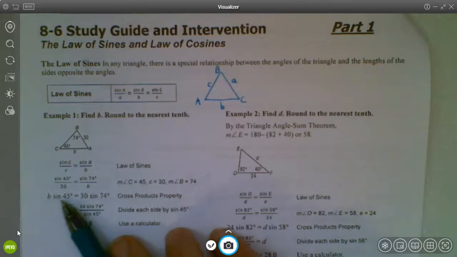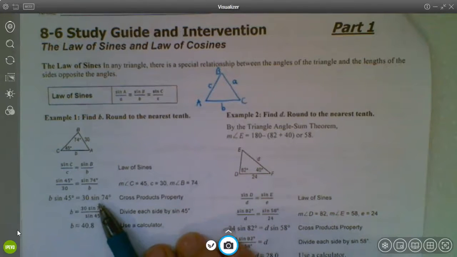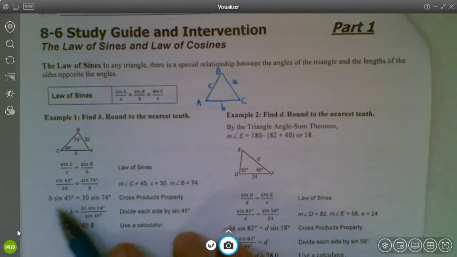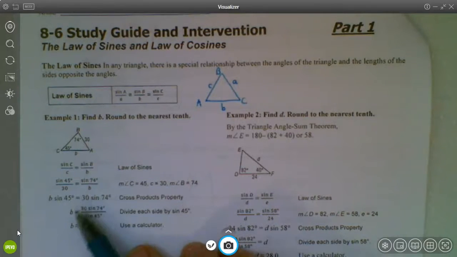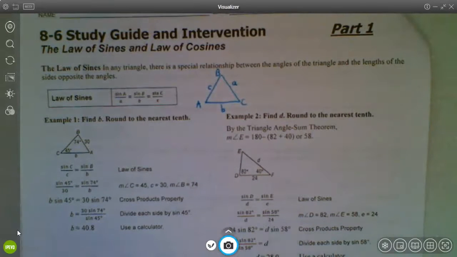Here's what that's going to look like if I cross multiply. And then if I want to get b by itself, I'm going to have to divide this over to the other side. All this is going to go into my calculator to get our side length. So that's it. We are setting up a proportion, cross multiplying, and solving for our missing piece.